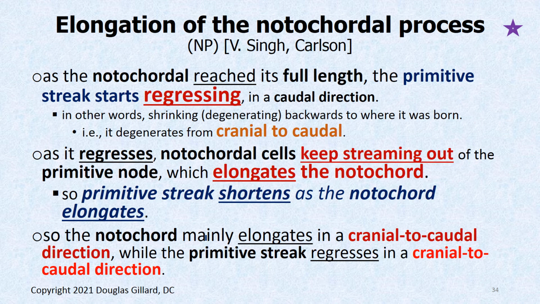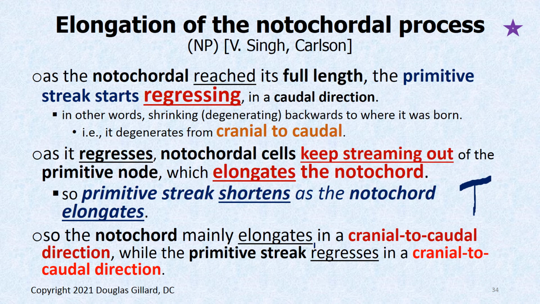And as it regresses, the notochord cells keep streaming out, and that elongates the notochord. So as the primitive streak shrinks, the notochord elongates. That's a nice true or false test question: as the primitive streak shrinks and degenerates away, the notochord lengthens or elongates. That's absolutely true.